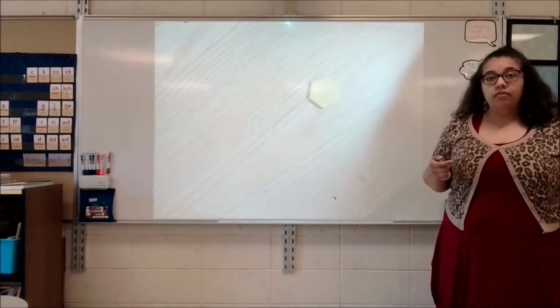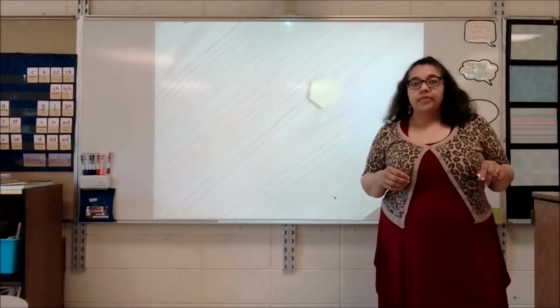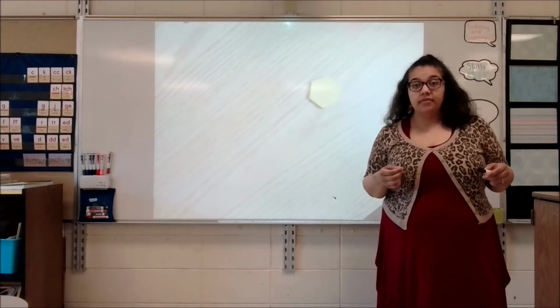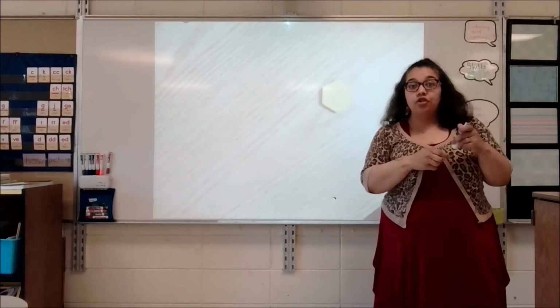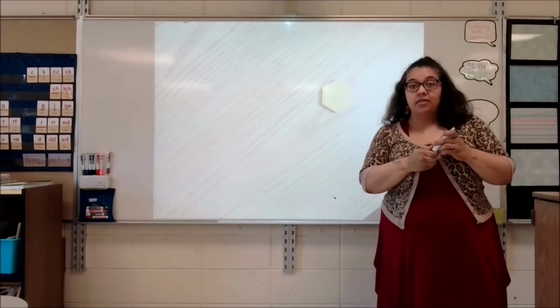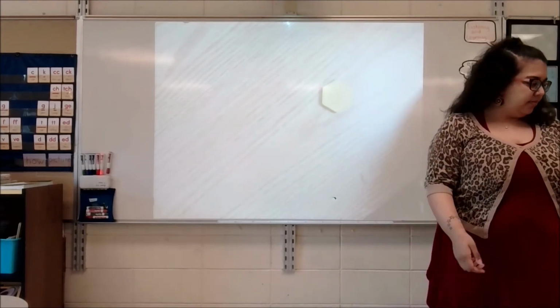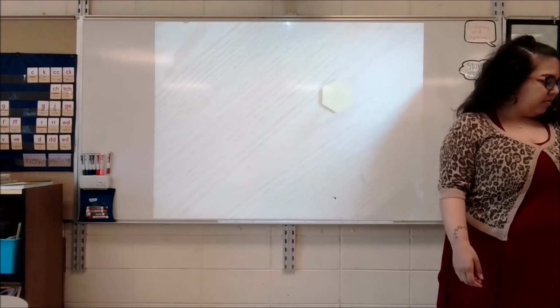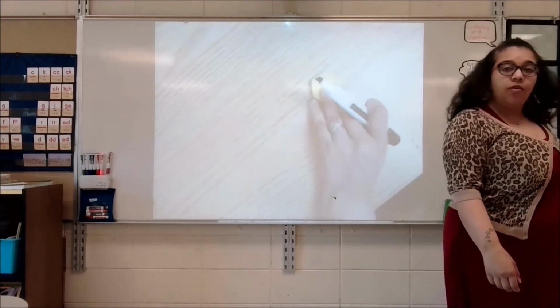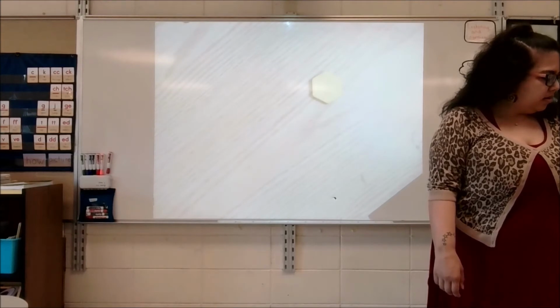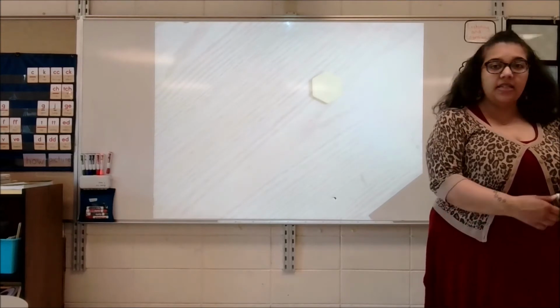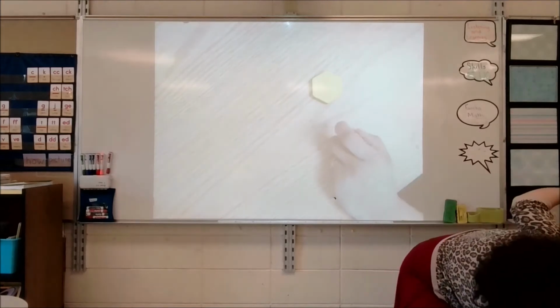All right, so do you have your shapes? Either paper or solid, either or. Do you have your shapes? Okay, good. All right, so tell me, what is this? That is a marker on the floor. But what is this shape right here?